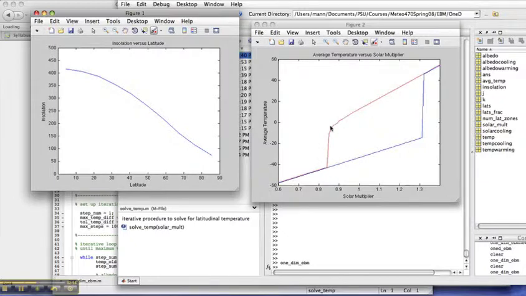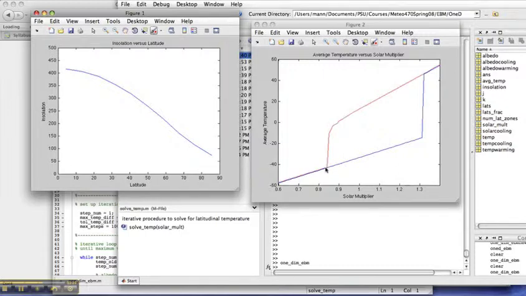What's happening here is as Earth temperature is getting colder and colder, the latitude zones that are occupied by ice are spreading further and further towards the equator until eventually we reach a point where the entire Earth becomes covered with ice. The albedo increases dramatically and Earth's temperature therefore plummets dramatically. Now we have an ice-covered Earth.